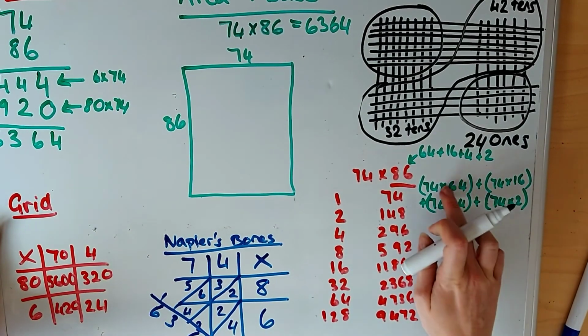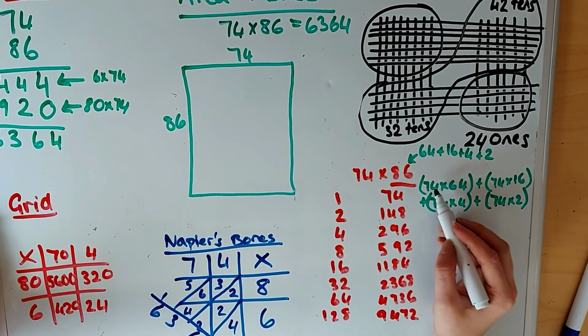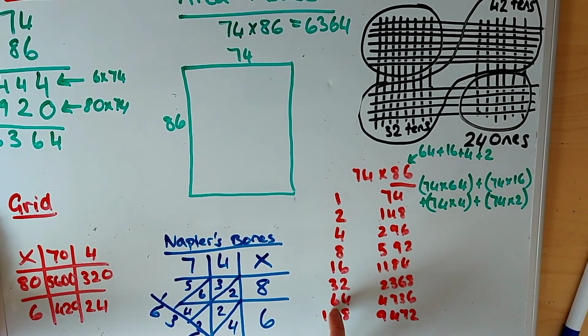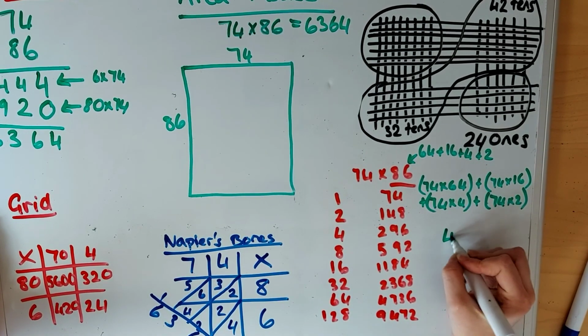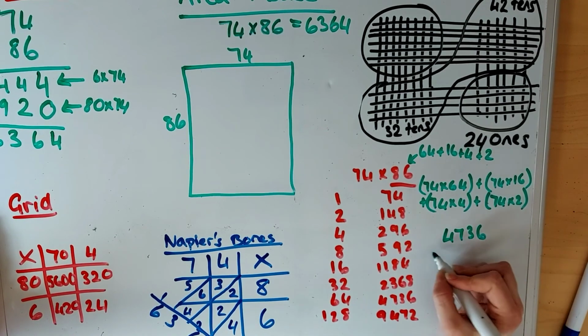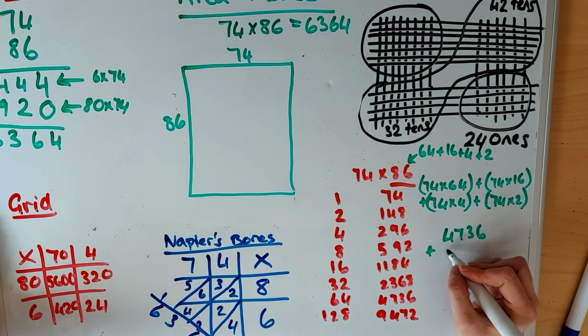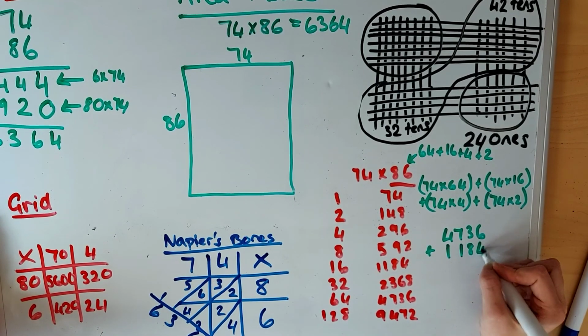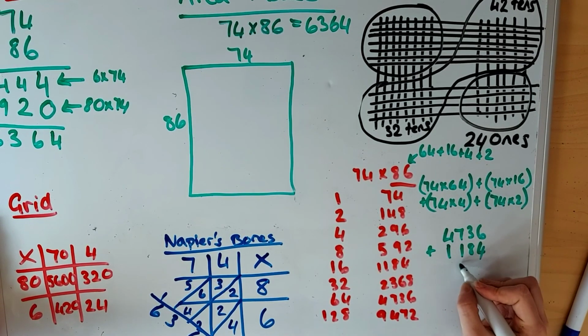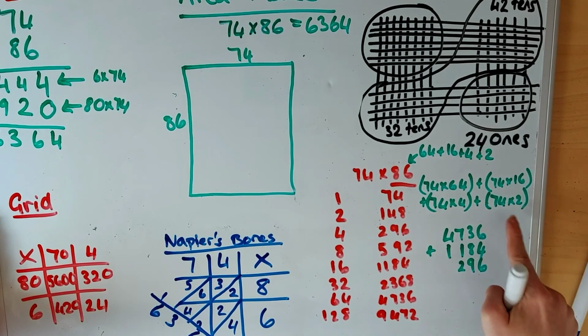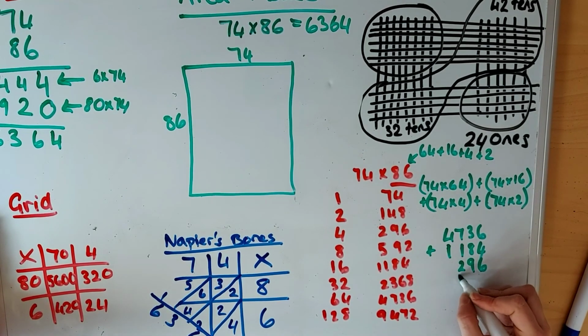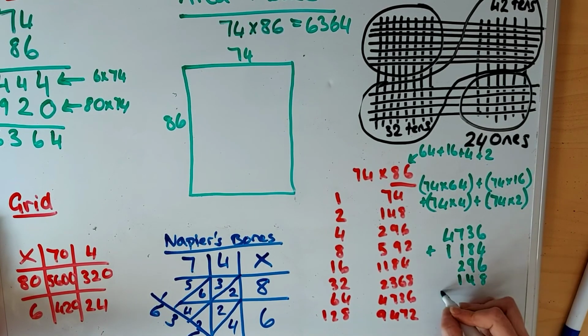And then I'm going to write these answers in column addition. So 74 multiplied by 64 is going to be 4,736, plus by 16 it's going to be 1,184, by 4 is going to be 296, and by 2 is going to be 148.